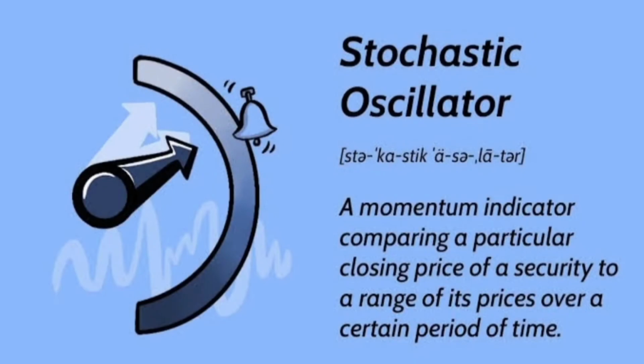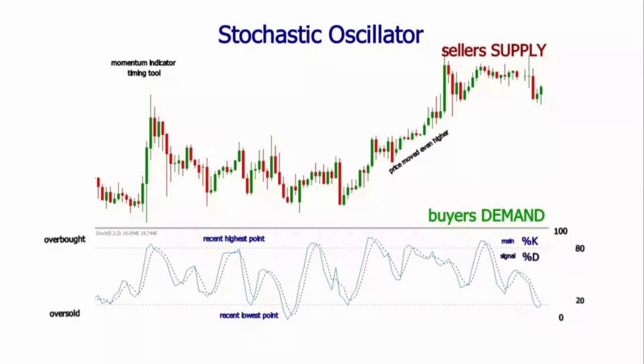The stochastic indicator is a technical analysis tool that is used to measure the momentum of a particular asset or security. It was developed by George Lane in the 1950s and has become a popular tool among traders ever since. The stochastic indicator works by comparing the closing price of an asset to its price range over a set period of time.